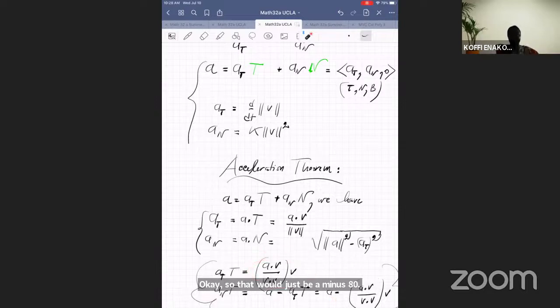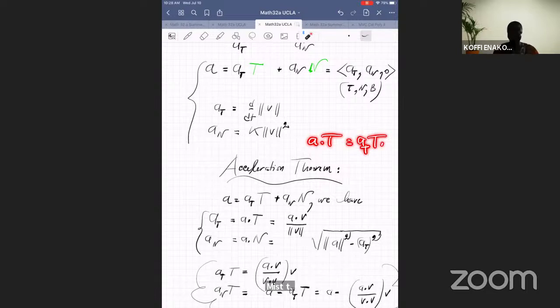That said, I can prove this formula quickly. This one we already see how, so this one is easy. Why is A_T equal to A dot T? If I want to check that, it's easy.